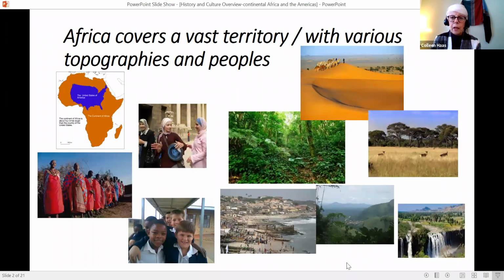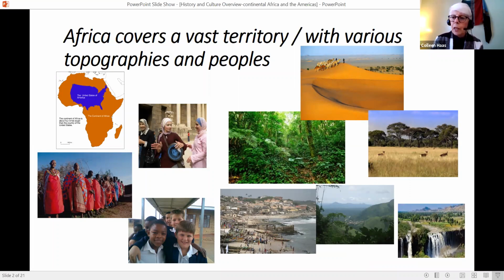So we're going to start with Africa and think about it in terms of territory, but also with lots of different kinds of topographies, landforms, and obviously diverse peoples as well. These images give us a sense of some of that diversity, but also how large the continent of Africa is. The continental United States could fit within the landmass area of Africa 2 to 3 times.